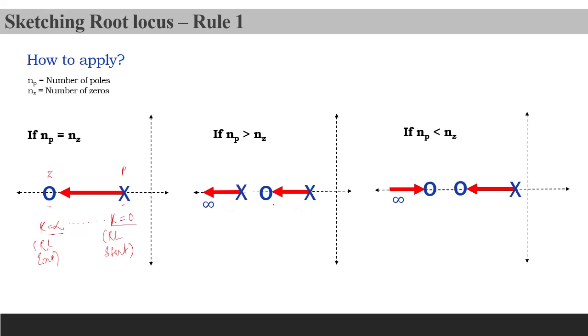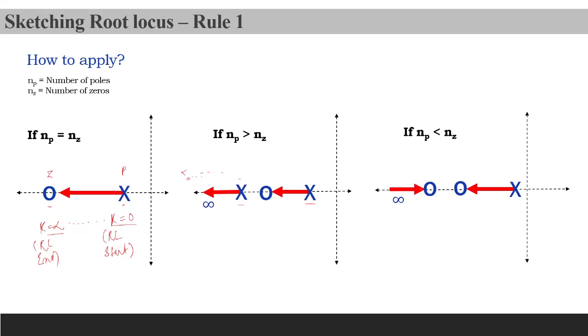Let's say we have some poles which do not have any zero pairs, or let's say we have two poles and one zero, so we will assume that the zero paired with this pole is at infinity. So we'll assume that this zero is at infinity, which is paired up with this pole, and that's why the direction of root locus will be from the pole to the infinite zero, which is hypothetically present at infinity.